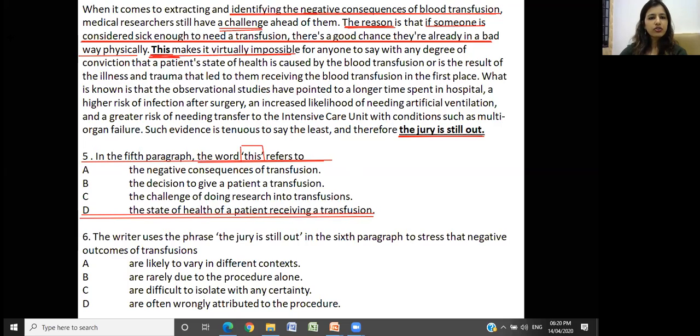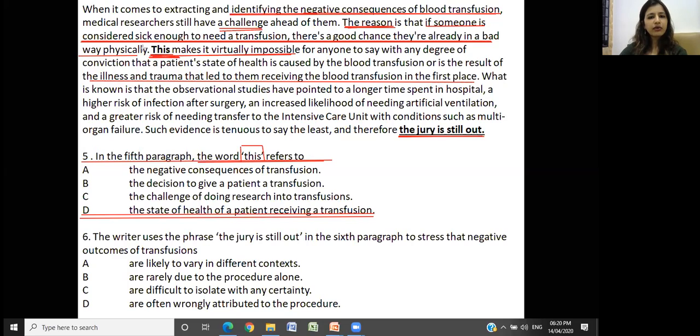Because of that, I cannot say whether the negative consequences are because of the blood transfusion, or is it their own health? Is it the result of the illness or trauma that led them to receive the blood transfusion? Right? So this kind of question will require a slightly different strategy.